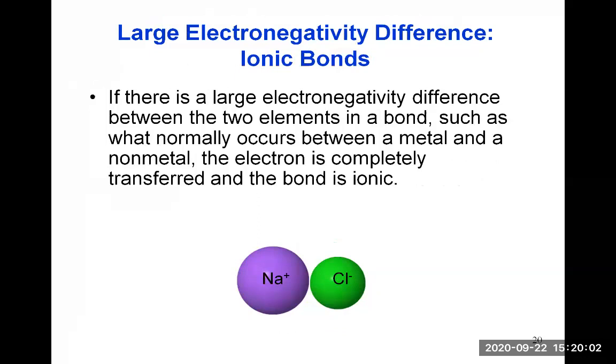In case of a large electronegativity difference between the two elements in a bond, such as what normally occurs between a metal and a non-metal, the electron is completely transferred and the bond is ionic.